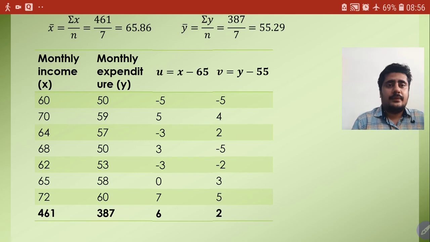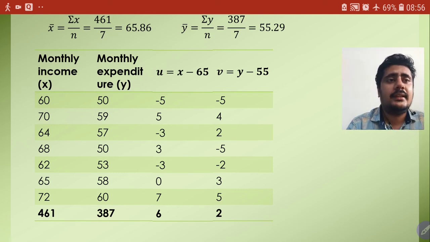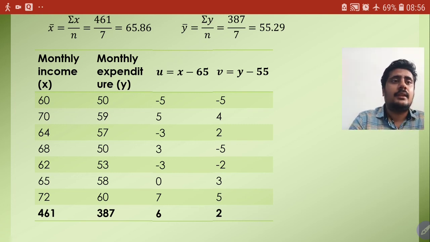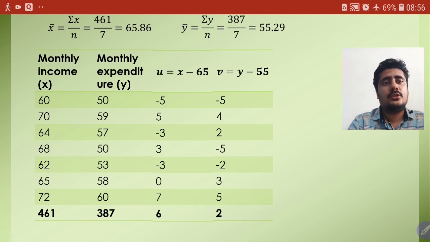Now listen, this is the assumed mean, as I told you. 65 is an assumed mean and 55 is also an assumed mean. As the word says, assumed, you can take any number, except x bar also. You can take any number. I have taken 65. You can take 60, you can take 50, you can take 55. But keep in mind the digits should be reduced.